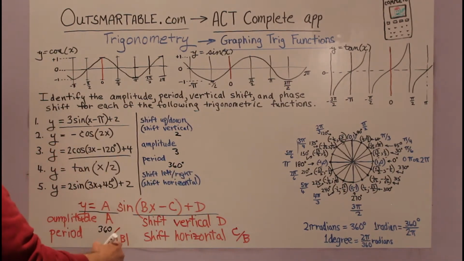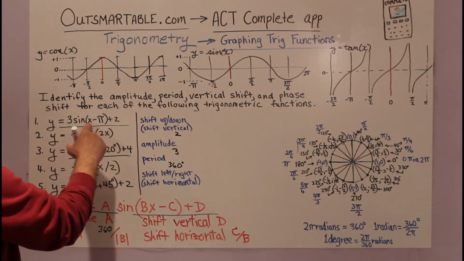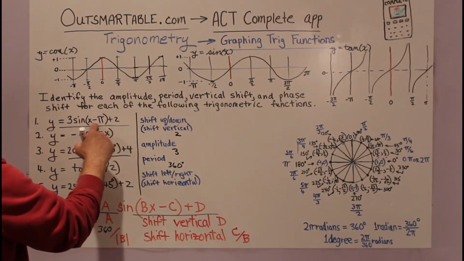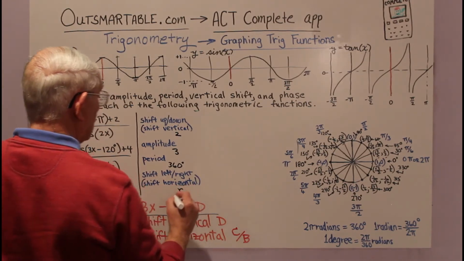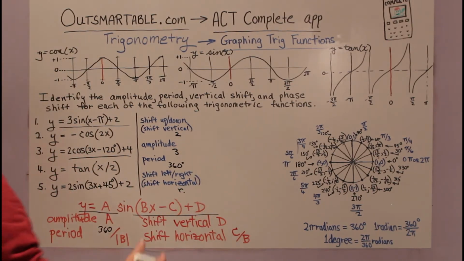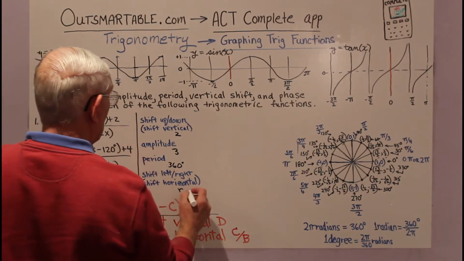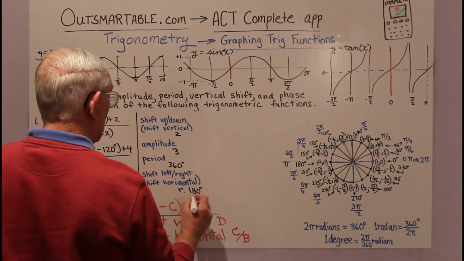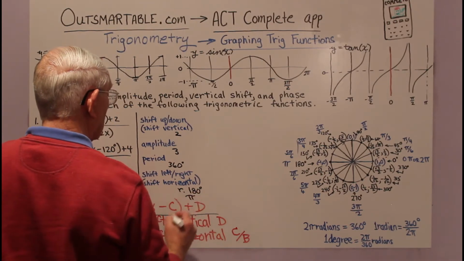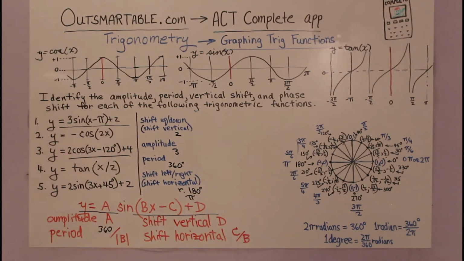And the shift to the left or the right, we have an x minus pi, x minus 180 degrees. So it's going to shift this thing. Recall from your intermediate algebra discussion, it's going to go to the right 180 degrees, or to the right pi radians, whichever you prefer there.